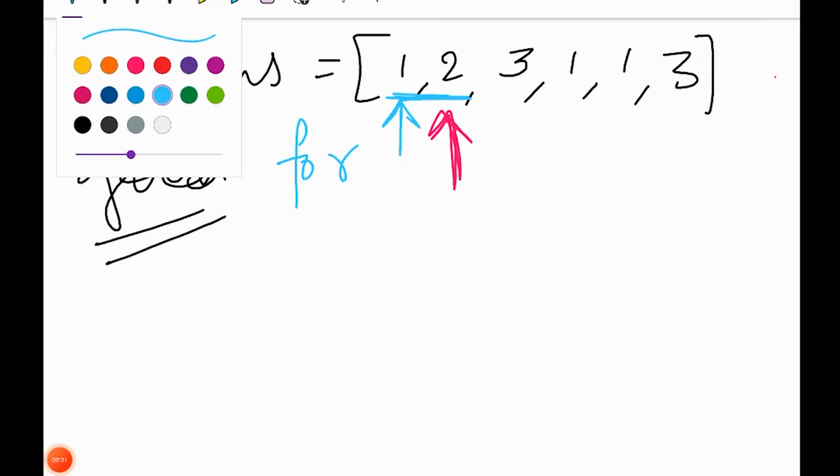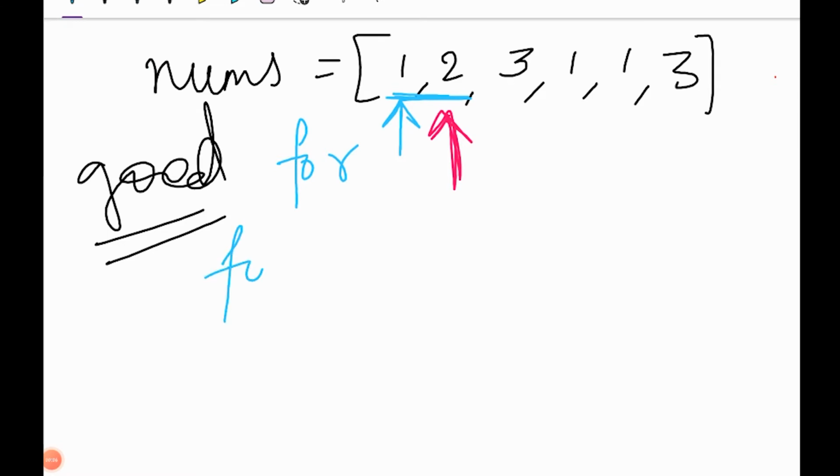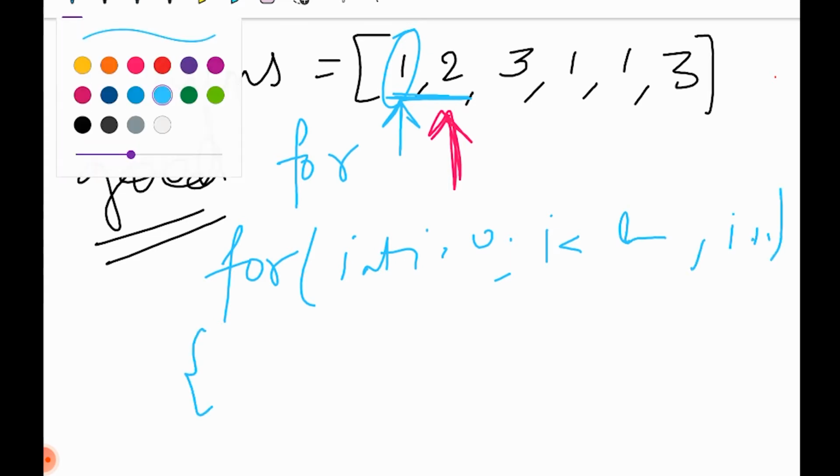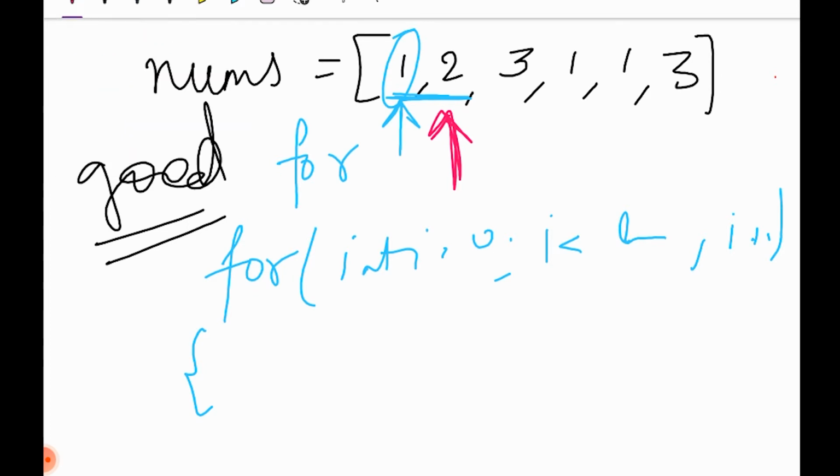So let's dry run it. My outer loop says for int i equal to 0, I have to start from the 0th index, i less than length of the array, i plus plus. And my inner loop will say for j equal to i plus 1.